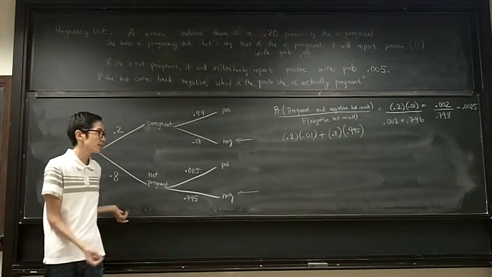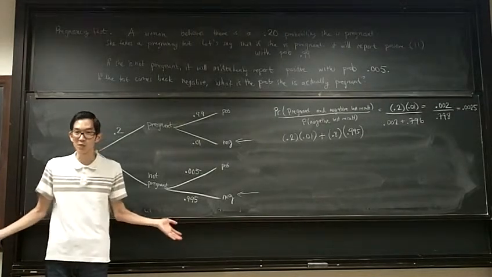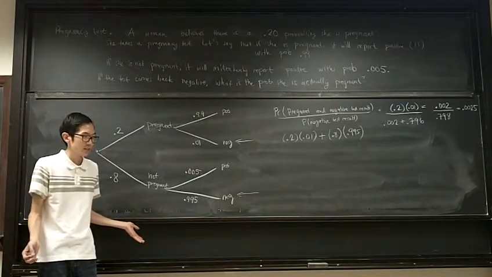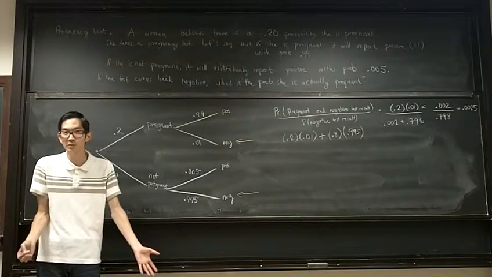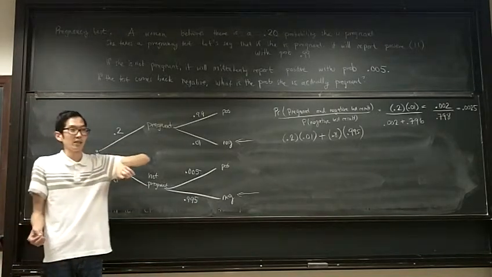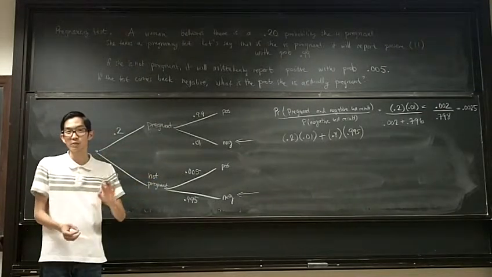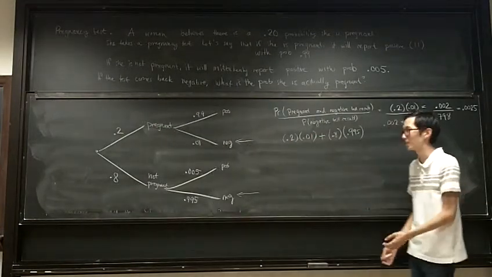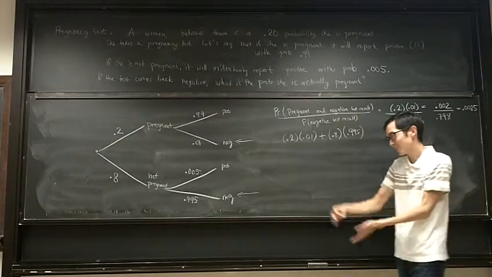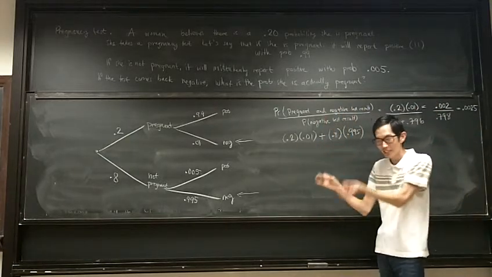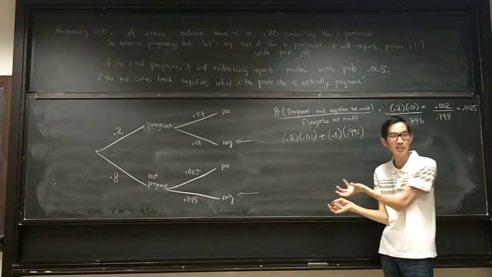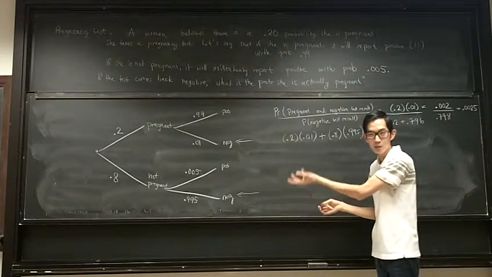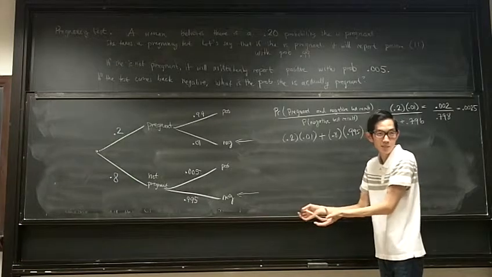If this woman says it's impossible for me to be pregnant, and somehow she gets a positive test result, if her prior belief is that it's impossible for her to be pregnant, then the only possible answer is that the pregnancy test is wrong, and I am not pregnant, right?